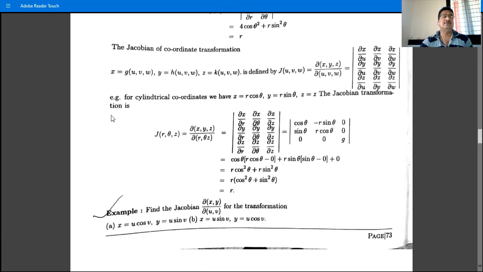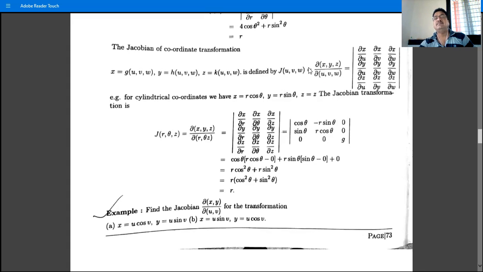Suppose x, y and z are functions of u, v, w. Then the Jacobian J(u,v,w) is ∂(x,y,z)/∂(u,v,w).